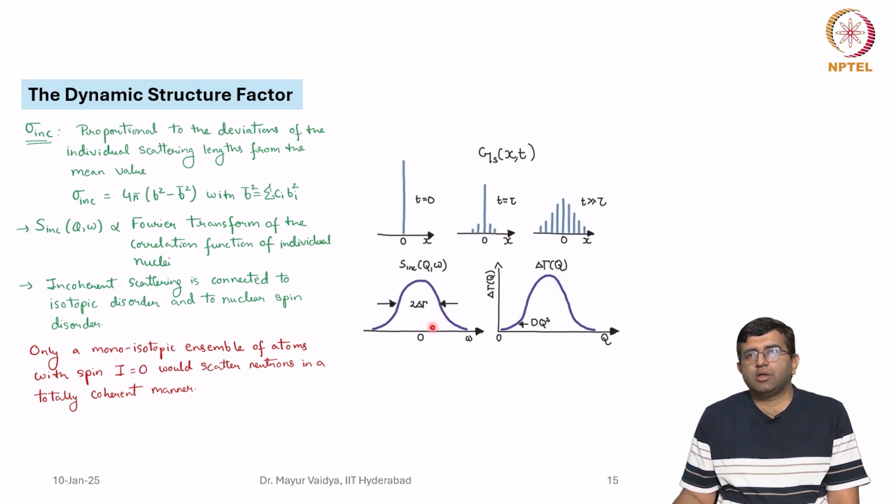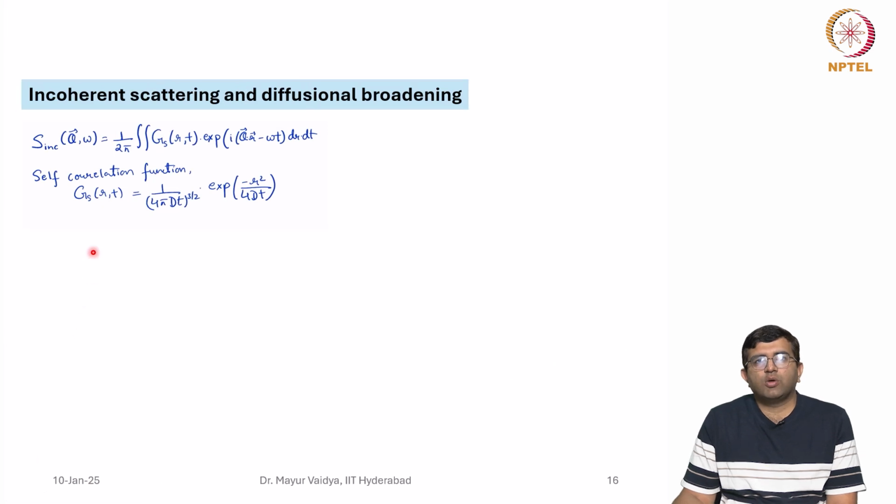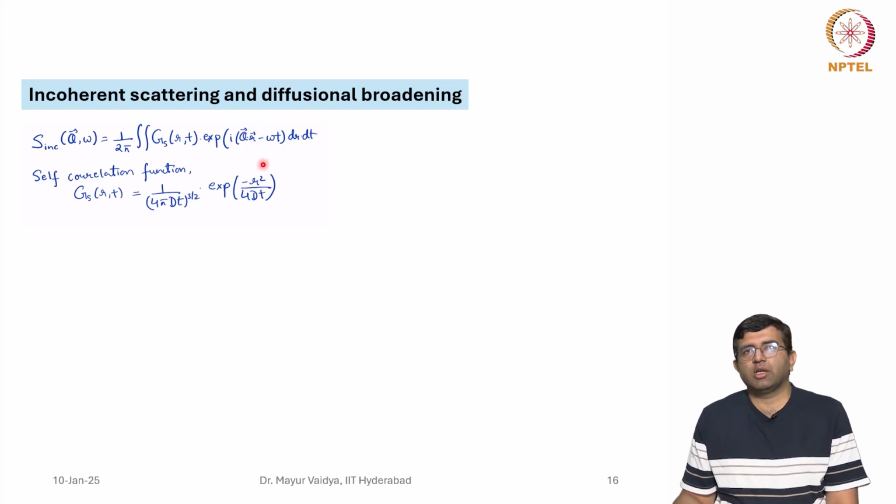So, this incoherent scattering leads to a peak like this, which is related to the diffusion coefficient. I will give you the expression shortly in the coming slide. This incoherent scattering, like we saw for the MBS, is related to the self correlation function G, and exponential Q R minus omega t, which again talks about the wave vector and the jump factor.